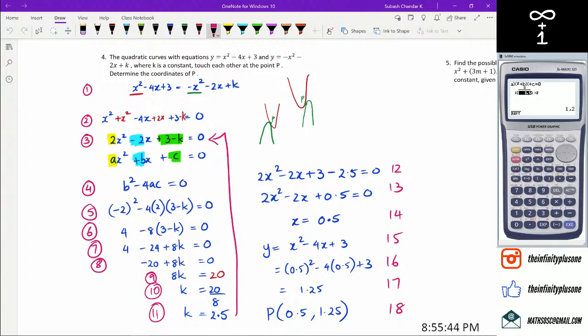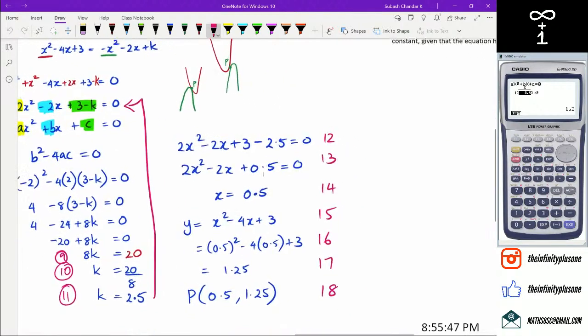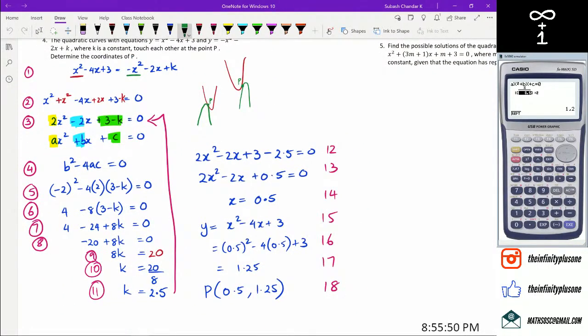Remember how I talked about this point right here, which happens to be the p-value? Now it's got an x and a y coordinate. When I solved x equals 0.5, that gave me the x coordinate for p. Next, I needed to figure out what the y coordinate was.